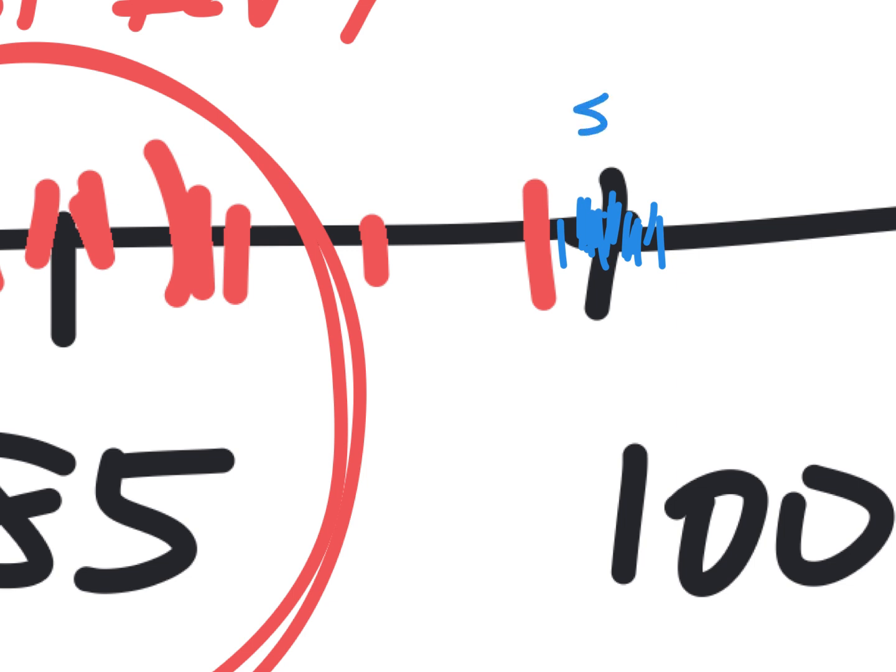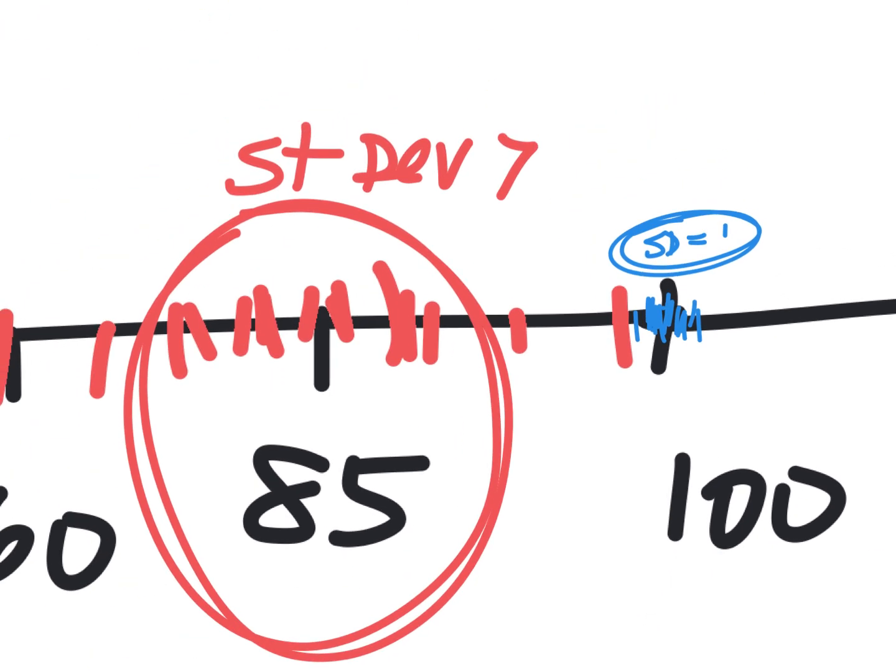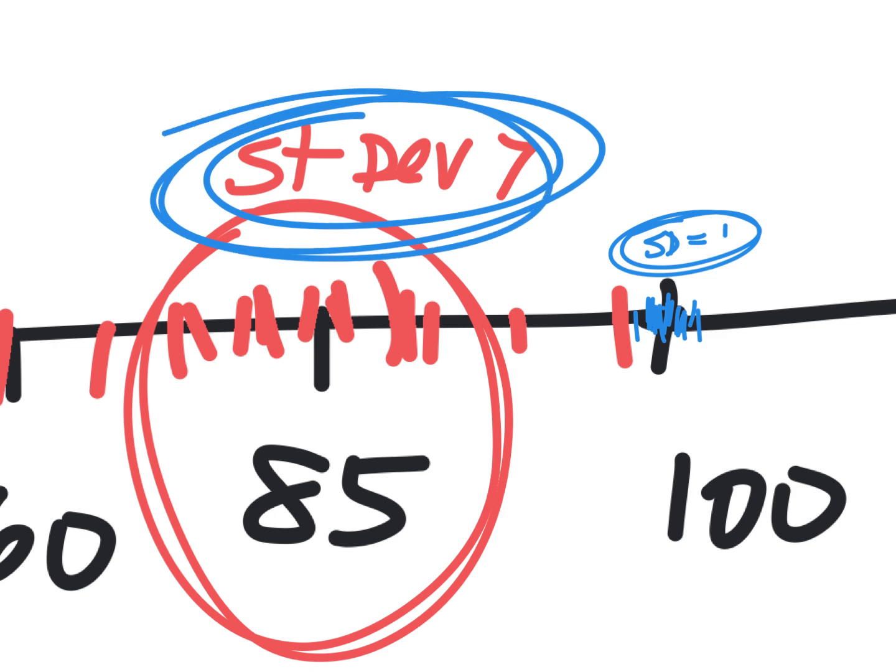Their standard deviation would only be maybe 1 point away from the average. Because their average score would be like 100, and they'd all be about the same. So standard deviations that are really small mean they're all about the same. This is more of a normal standard deviation where it's spread out a little bit.